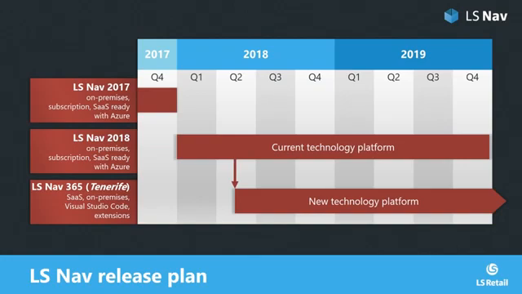So we think we have a very strong offering here for you to implement today. Just go to 2018 and then move up to 365 when you're ready. Or if you put your eyes on 365, go directly to 365.